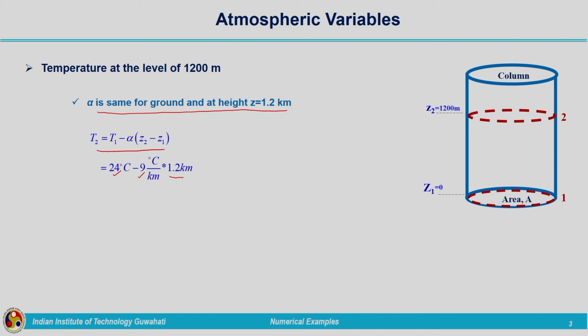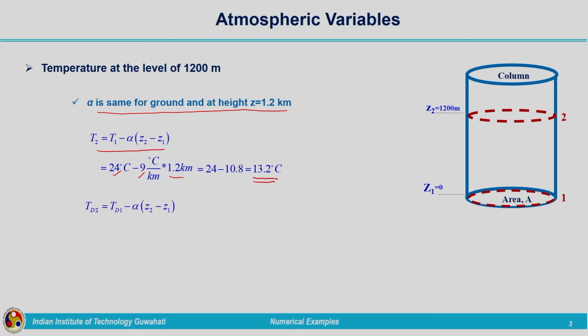We are substituting it in kilometers because our lapse rate is in the unit of degrees Celsius per kilometer. So, the value comes out to be 13.2 degrees Celsius. The temperature at an elevation of 1200 meters is calculated to be 13.2 degrees Celsius.